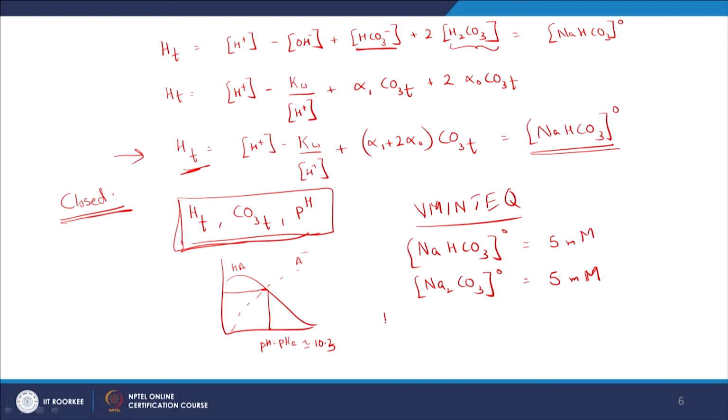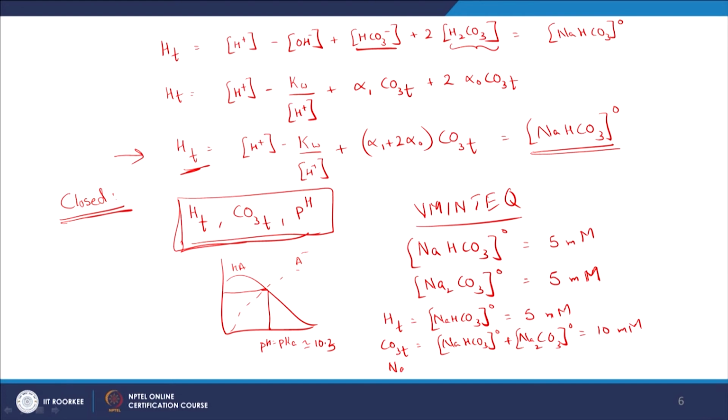So first we need to define our H total, and that I believe is equal to NaHCO3 naught, and that is going to be equal to 5 millimolar. And what is our CO3 total? That is going to be equal to NaHCO3 naught plus Na2CO3 naught, and that is going to be equal to 10 millimolar.